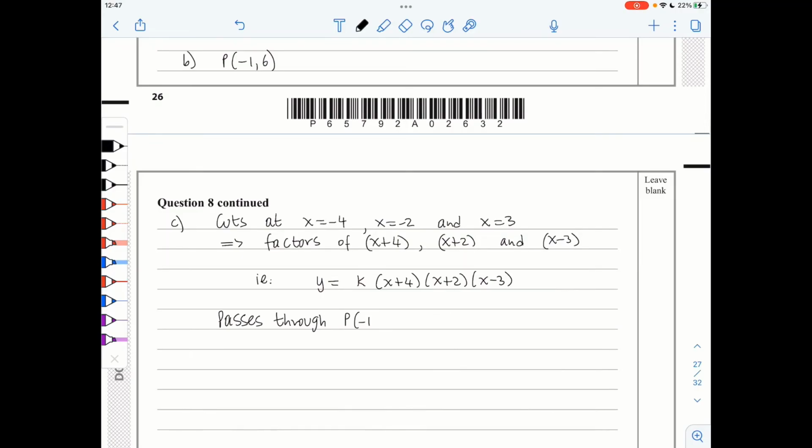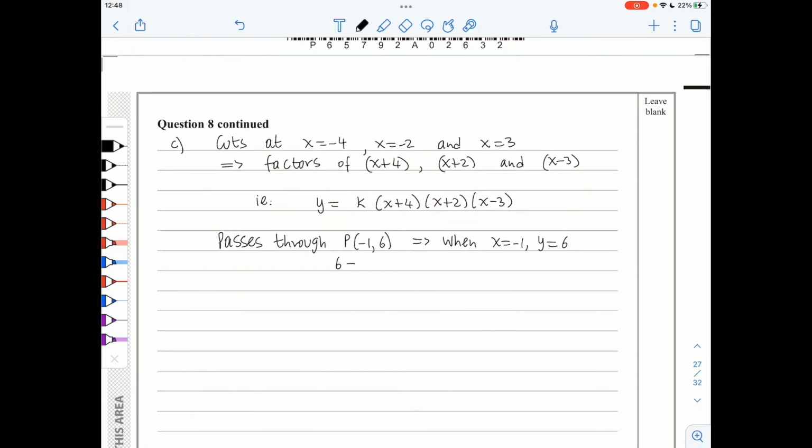So the curve passes through -1, 6, which means that when x is -1, y is 6. So this means that 6 is k times -1 plus 4, -1 plus 2, -1 minus 3. So 6 is k times 3 times 1 times -4.